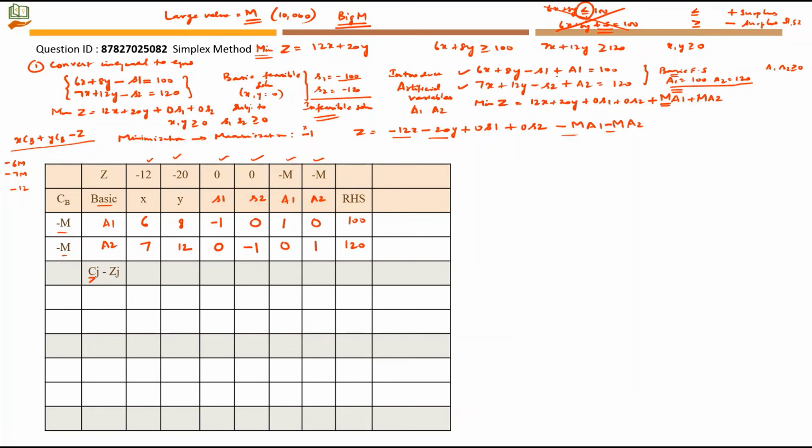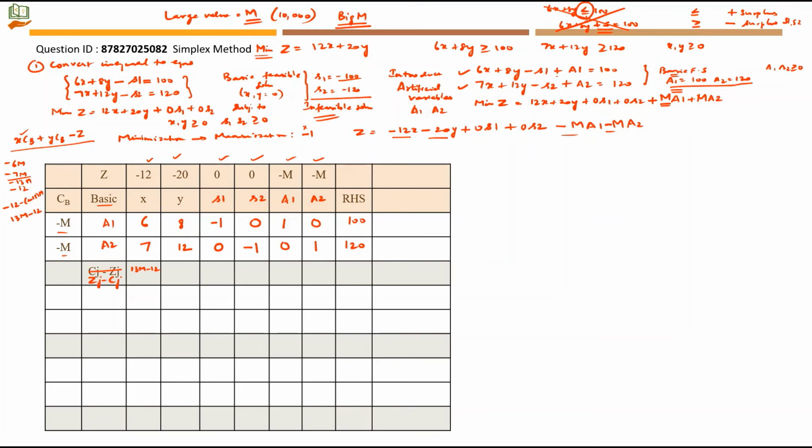They have usually given in the form of Zj minus Cj. So Zj minus 12 will stay like this, and minus 6 and minus 7 will give you minus 13m. So minus of minus 13m will give plus 13m minus 12. So let's not take it this way. So let's take it as Zj minus Cj. Okay. So the value here is 13m minus 12.